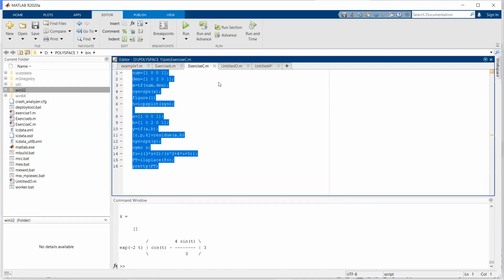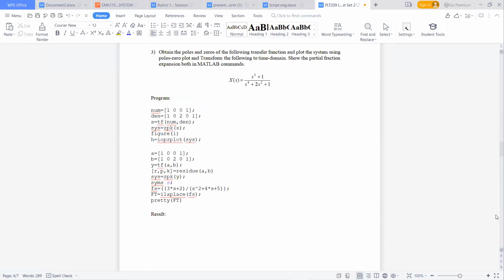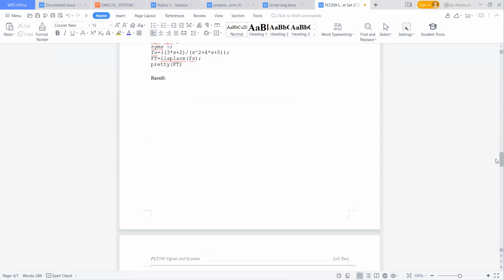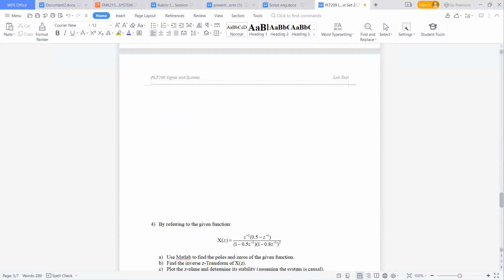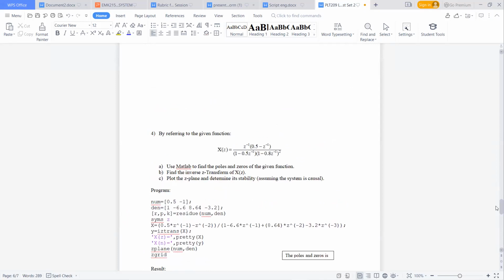So what about question number 4? It asks us to find the position of poles and zeros using the given function. The second task is to do the inverse Z transform.